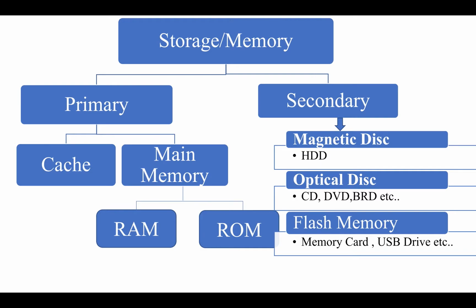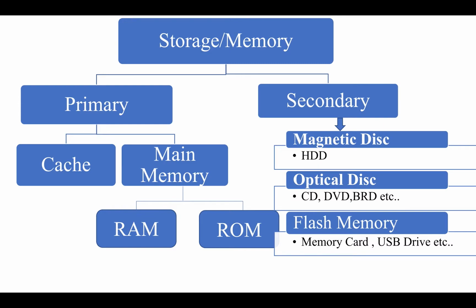Then computer memory is classified as primary and secondary memory. Primary memory is the one that has direct access to the processor. Primary memory is also called the internal memory. Primary memory is classified as cache and main memory.